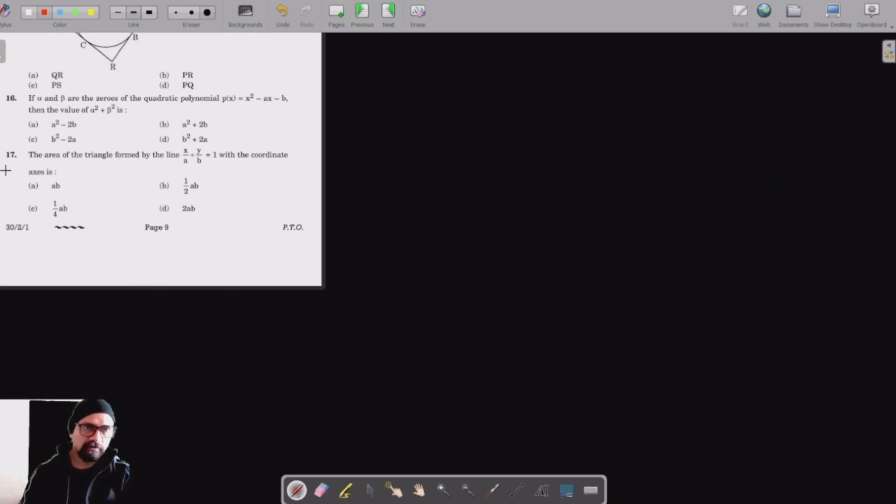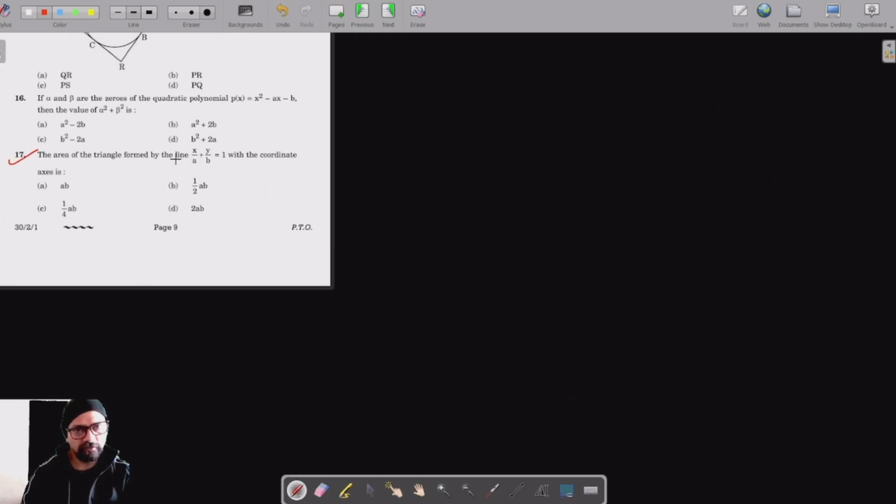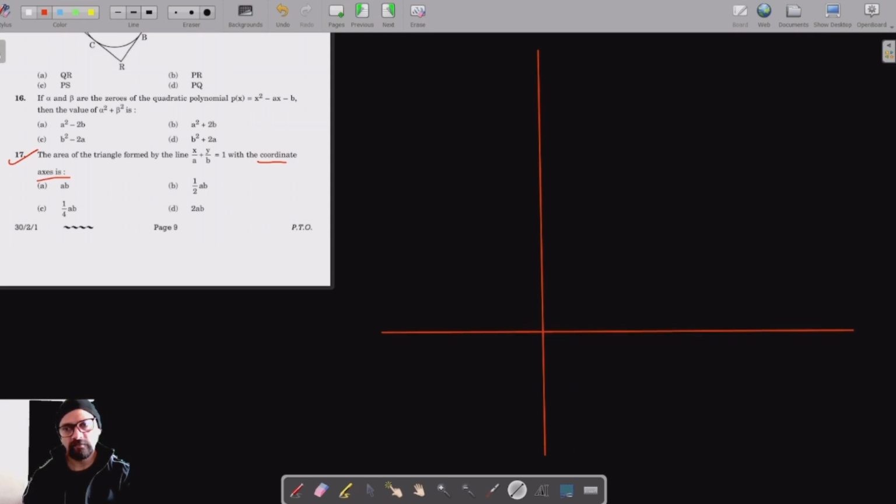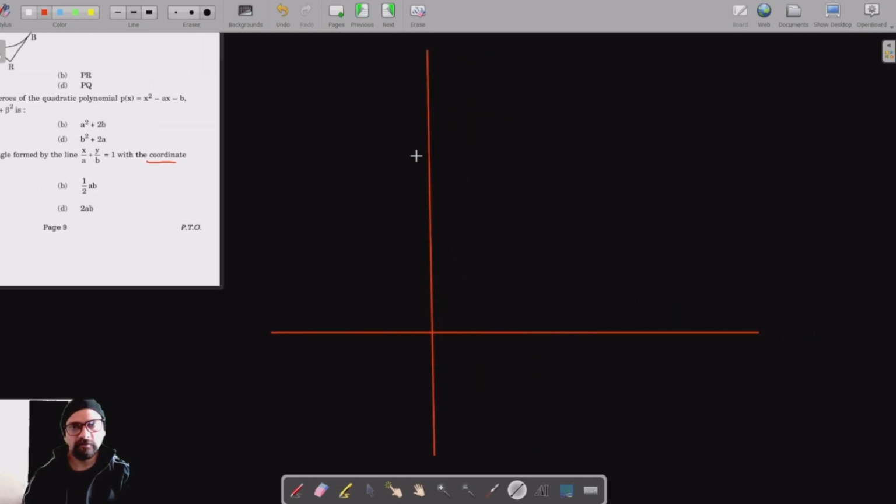Okay, for question number 17, we have to find the area of the triangle formed by the line x upon a plus y upon b is equal to 1 with the coordinate axes. Now this line is intersecting both the coordinate axes. Let's say this is the line, and these are the coordinate axes x and y.